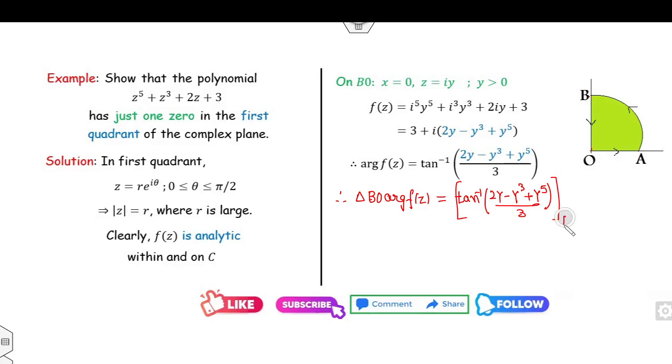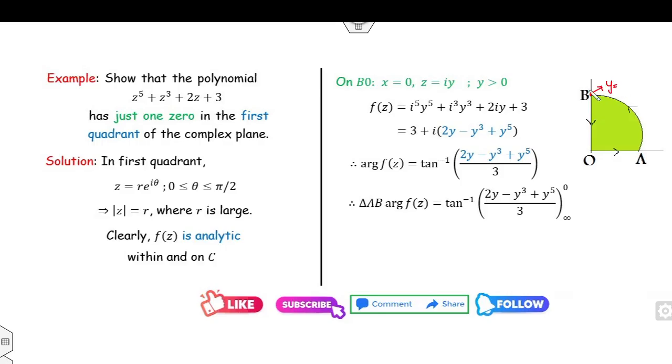So B will be pi by 2 to 0, or you can say from infinity to 0. The value of y is infinity in the first quadrant. What is the value of y at the point B? It is infinity. Value of y at the point O is 0. So tan inverse 0 is 0. Tan inverse infinity is pi by 2. So the answer is minus pi over 2.